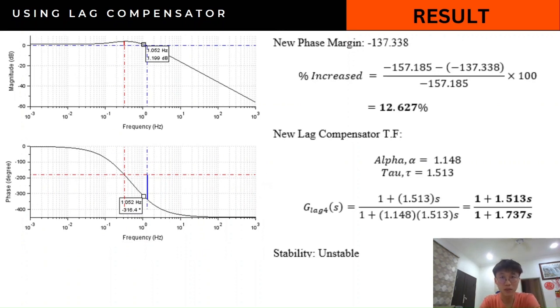So for the lag compensator, the new phase margin is negative 137.338. The percentage increase is 12.627%, which is nearly same with our ideal percentage increase.